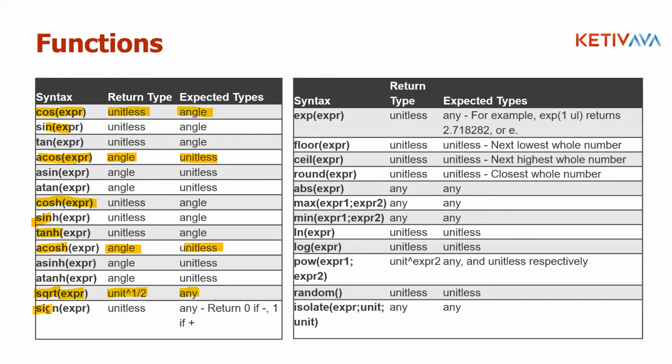Okay, the sign function, not S-I-N-E, but S-I-G-N, is useful for figuring out if a result is positive or negative. Okay, so you've got, again, maybe some other parameter that has a big formula that's doing a big calculation, and you need to find out if the result of that is positive or negative.